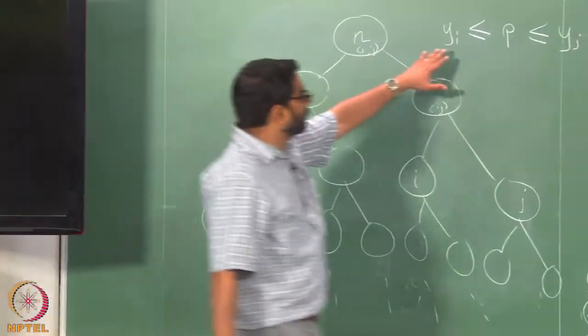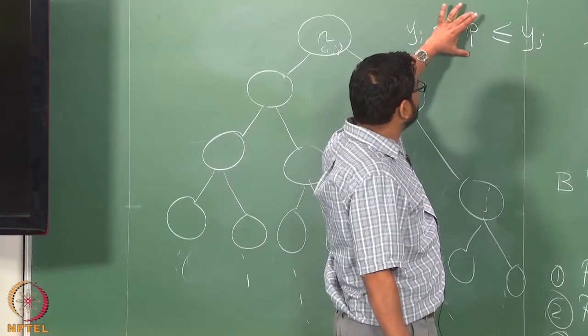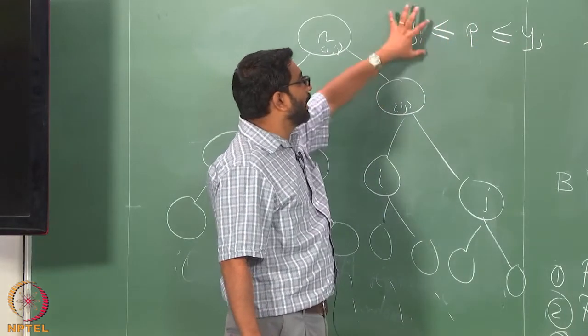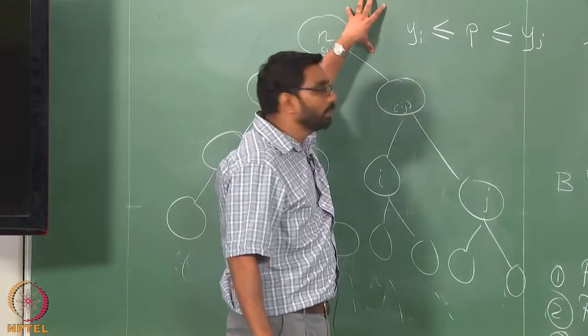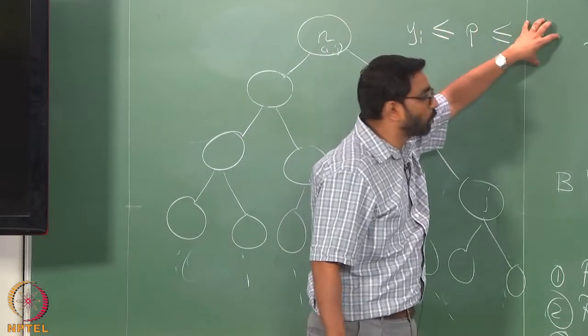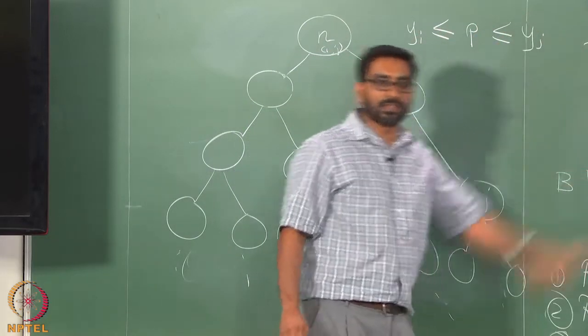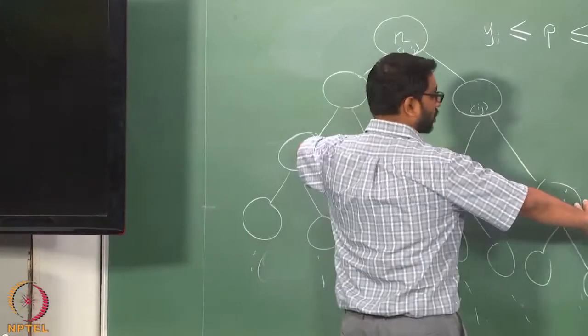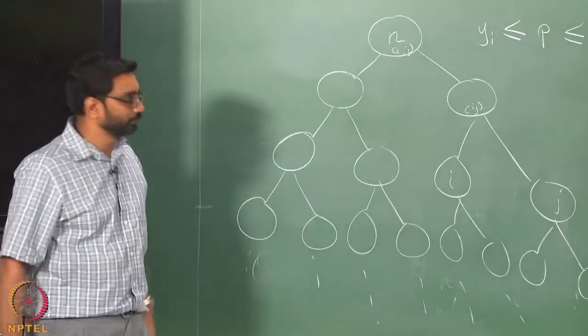When a pivot of this form was chosen, that pivot was compared with Yi and Yi was put in the left subproblem, and the pivot was compared with Yj and Yj was put in the right subproblem. And that's why i and j got split into the two subproblems.